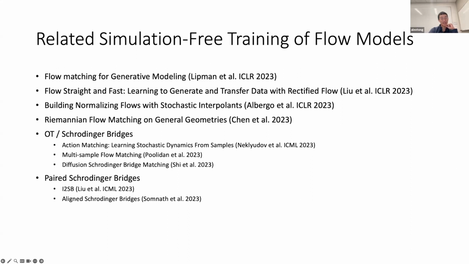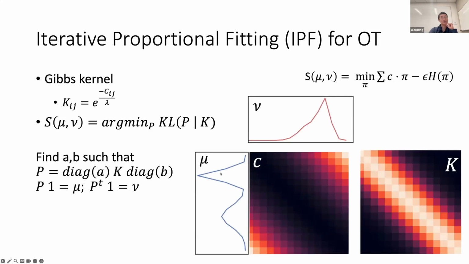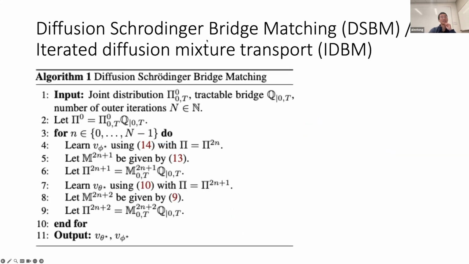I didn't mention this, but there's IPF. Iterative proportional fitting is how you solve these entropy-regularized transport problems, and the idea is that you have to iterate back and forth because there's no exact solution. In discrete terms, this is matrix-vector multiplication, but in the continuous-time literature, you need to solve the diffusion Schrödinger bridge in each direction. So this is the algorithm.